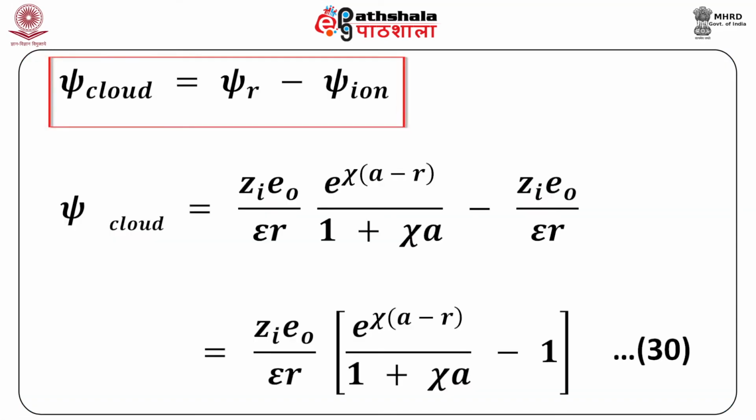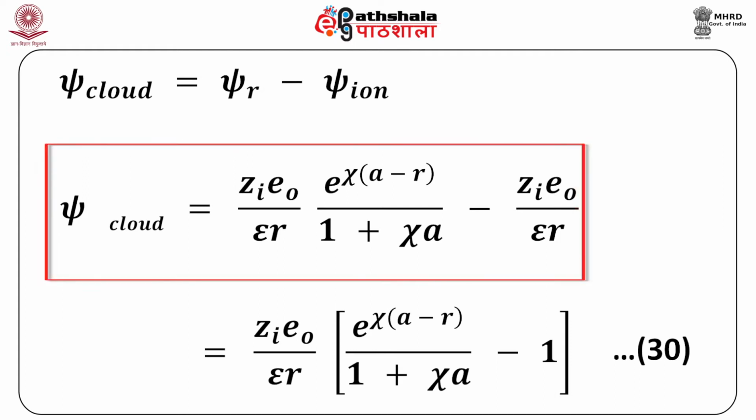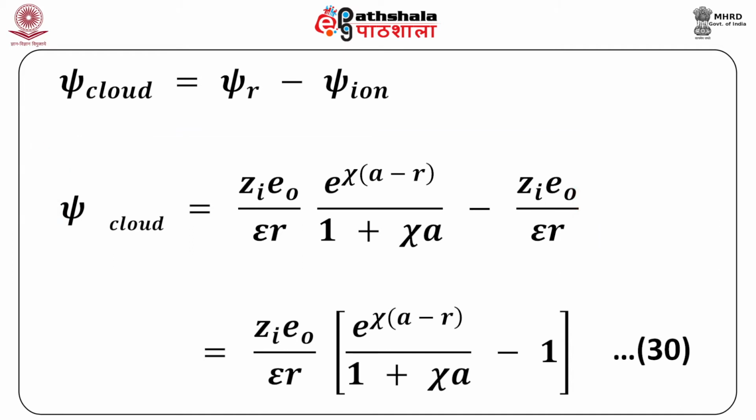Thus, we get ψ cloud = ψ(r) − ψ ion. Substituting the values of ψ(r) and ψ ion, we get ψ cloud = (Zi e0/εr) e^(χ(a−r))/(1 + χa) − Zi e0/εr, which can be further written as equation 30.